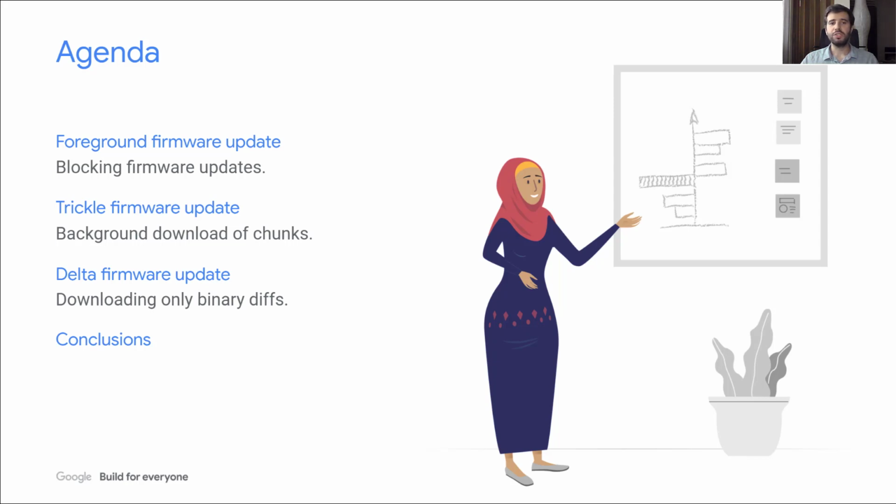One of these improvements is trickle update, which is downloading chunks of the update in background, and another improvement is delta update, which is sending binary diffs instead of full update files. In the end, we will draw some conclusions.